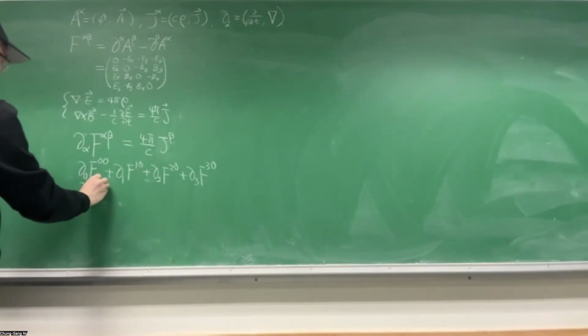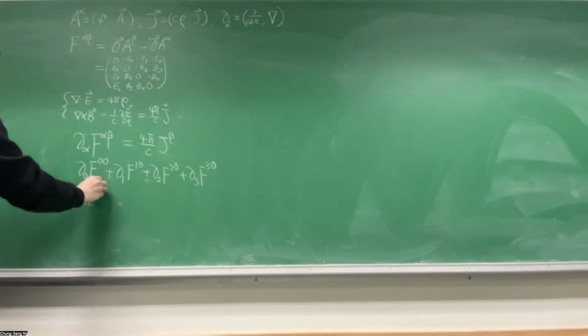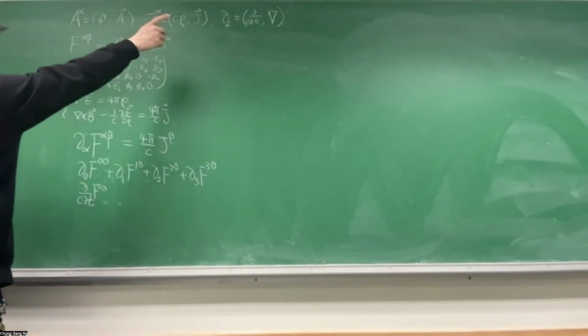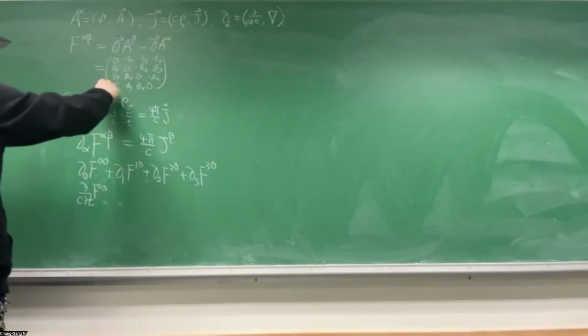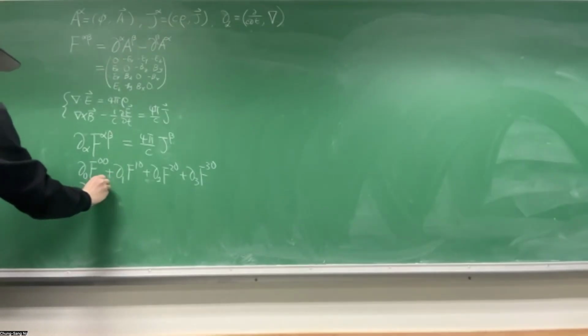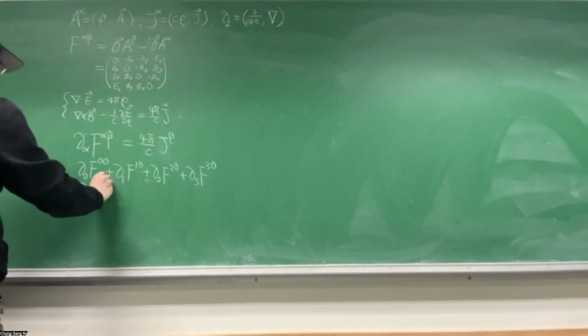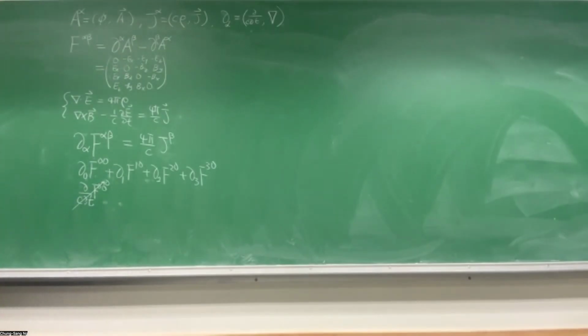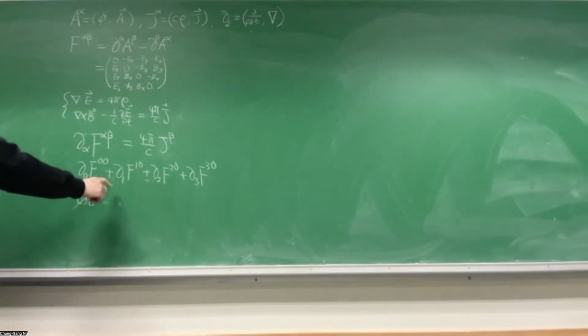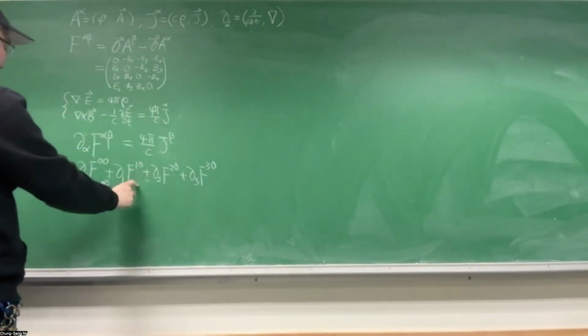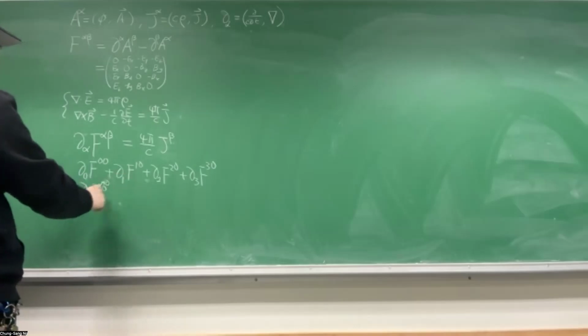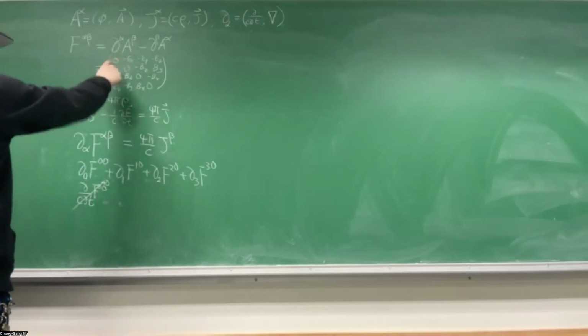I'll write it out explicitly so you know that the process is just to substitute all the corresponding elements from these four vector, four tensor, and just go through all the details, and then you see that finally you get what you want. So that's F00 is 0.